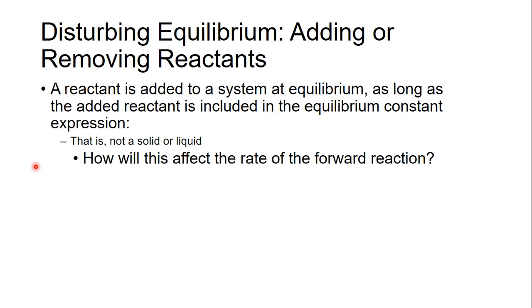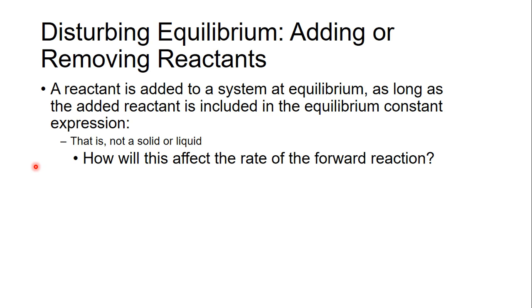All right, so let's first talk about adding or removing reactants. Let's say we have a system at equilibrium, and we're adding to the reactant side of the equation. We have to add something that's actually in the equilibrium equation itself. How will this affect the rate of the forward reaction?